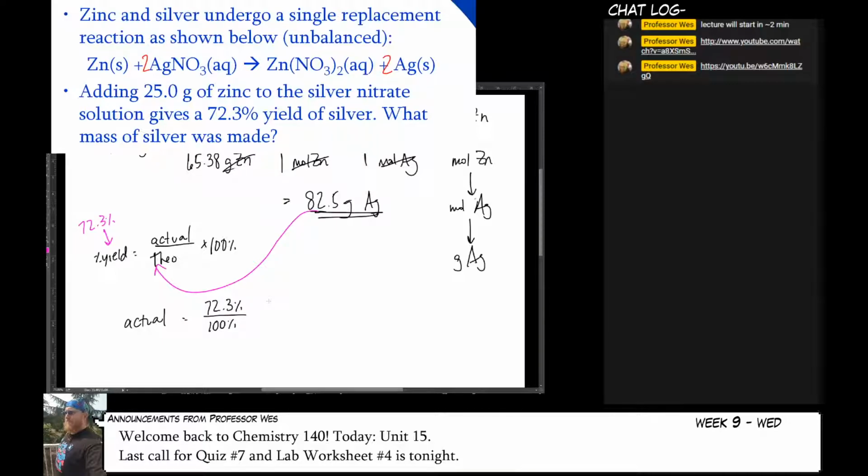So 72.3% divided by 100% to cancel those units, times the theoretical yield of 82.5, and I get 59.6 grams of silver was what was actually produced by this scientist's experiment.